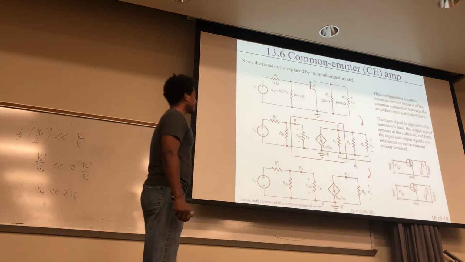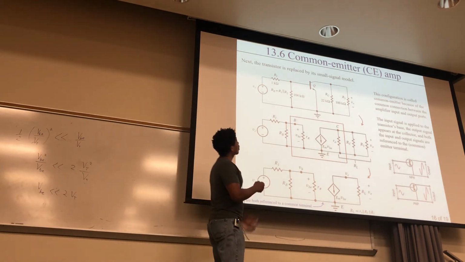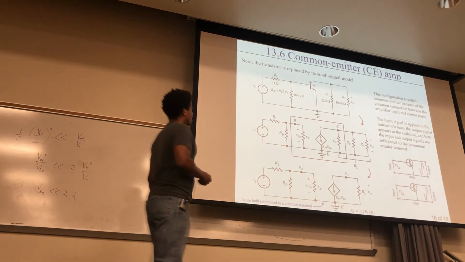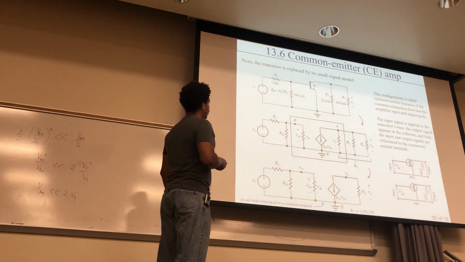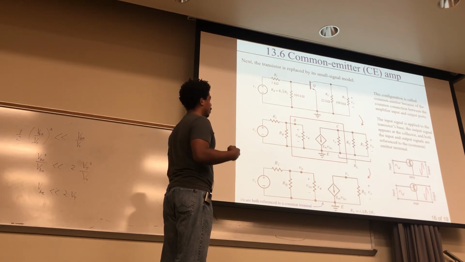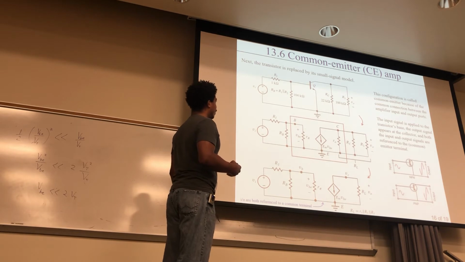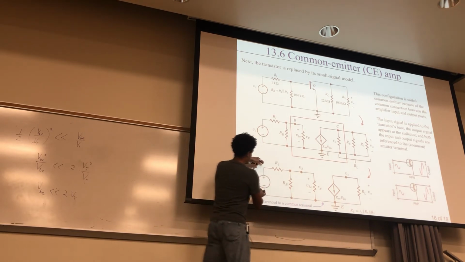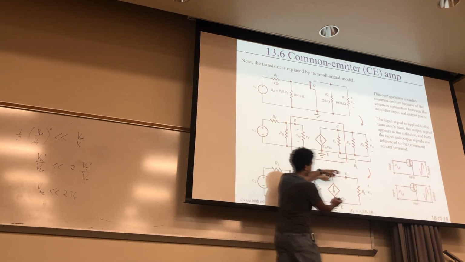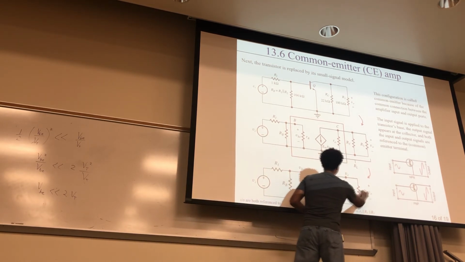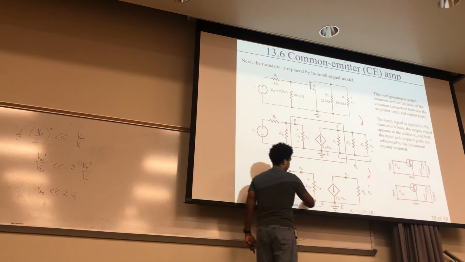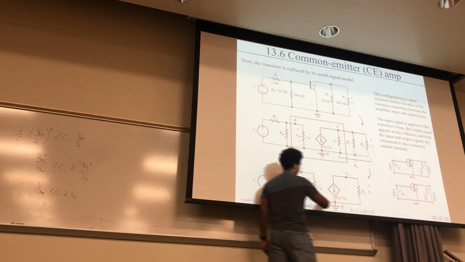Okay. Now, the reason it's called common emitter is because both the input and output refer to a common ground. And that's this right here. Okay, so here's the input, here's the output, right? And both the voltages for the input and output are referenced to this common ground right here.